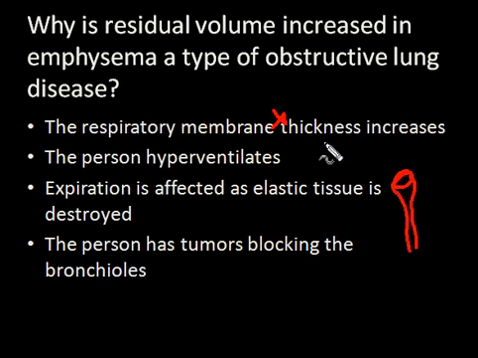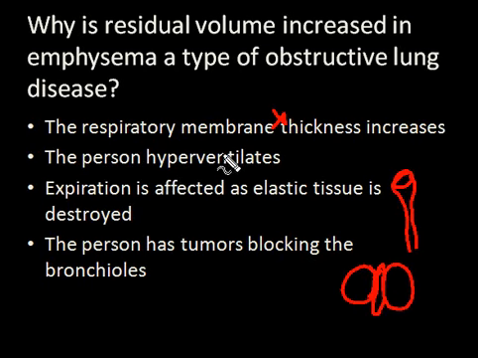It has nothing to do with the respiratory membrane thickness, which is the membrane that lies between the alveolus and the capillary. So obstructive lung disease does not affect the respiratory membrane, that is the one between the alveolar lining and the capillary lining. Since it does not affect it, this is not a possible choice.